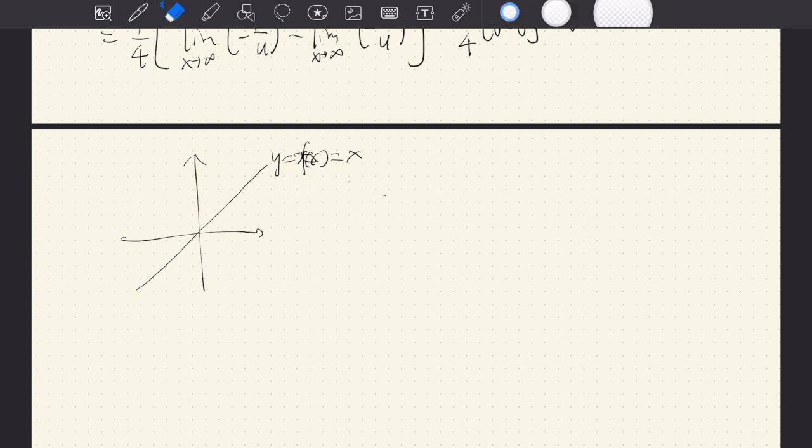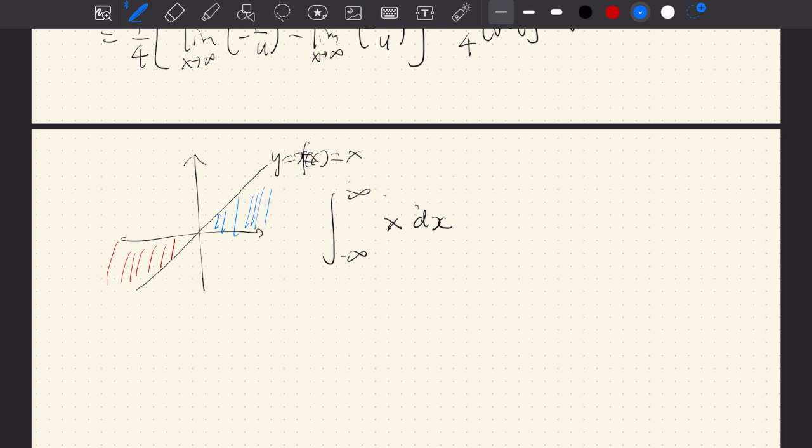But if you try to write the integral from negative infinity to positive infinity of x dx, then it does not evaluate to 0, because for the left hand side and the right hand side, the red area and the blue area, when you're integrating to infinities, they're both infinite.